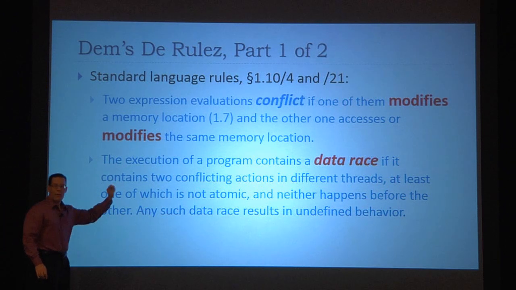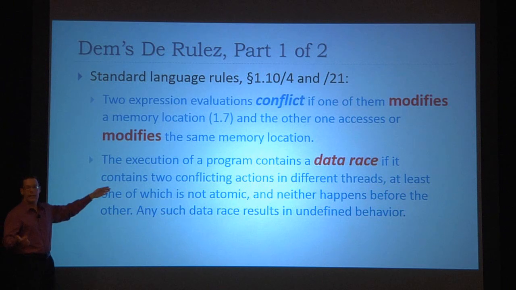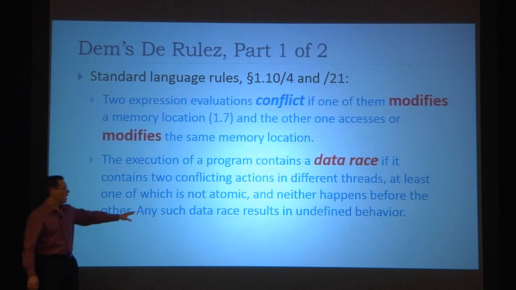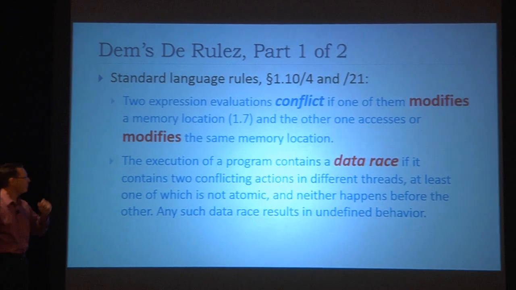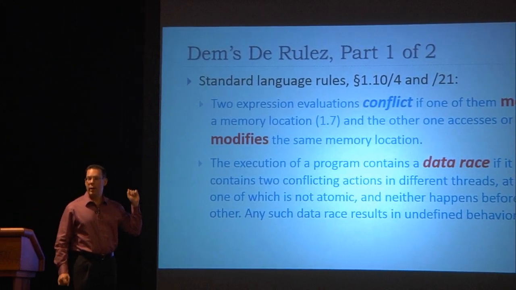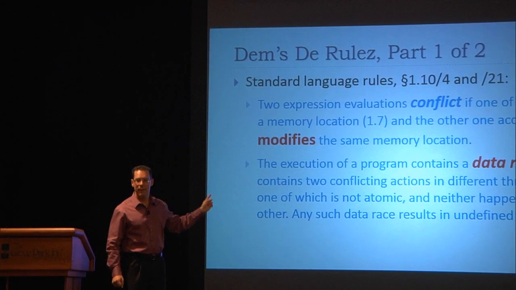The execution of a program contains a data race if it contains 2 of these conflicting actions, which we've just defined, in different threads, at least one of which is not atomic, because atomics are synchronized, they get a free pass, and neither happens before the other, so they could be concurrent, they're not synchronized. Any such data race results in your best friend and mine, undefined behavior. What is one word conspicuously missing from this entire section 1.10?